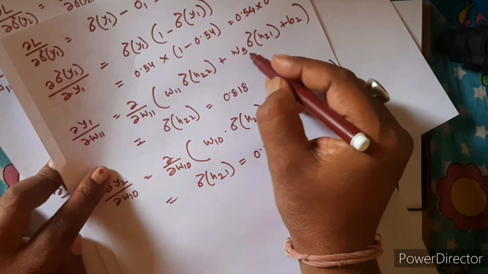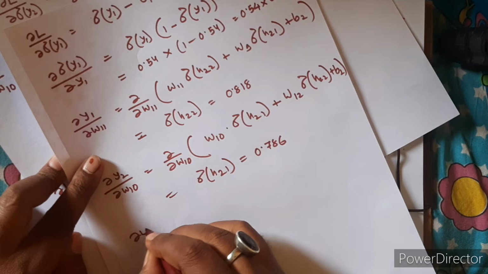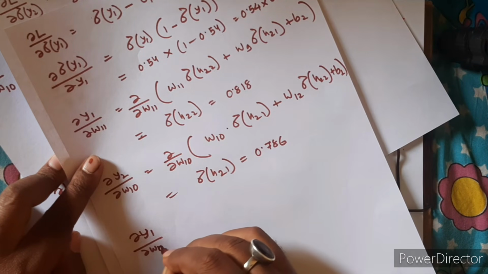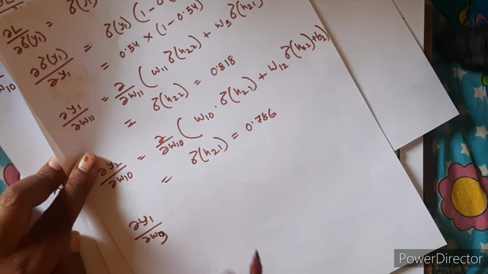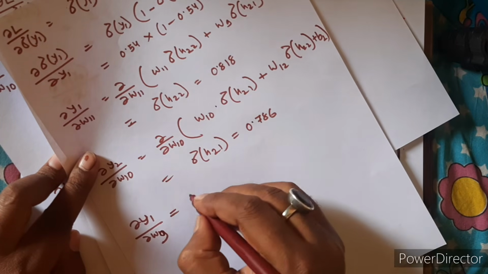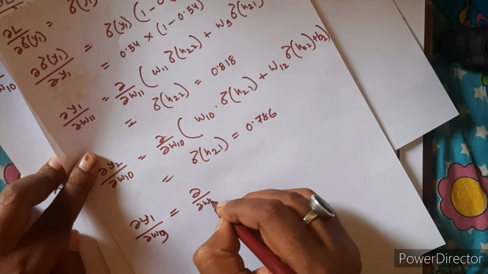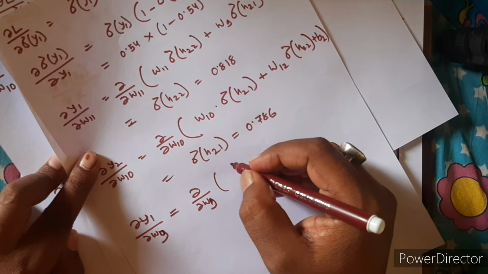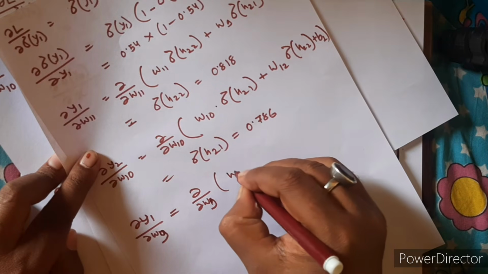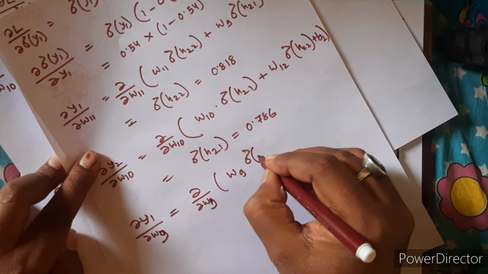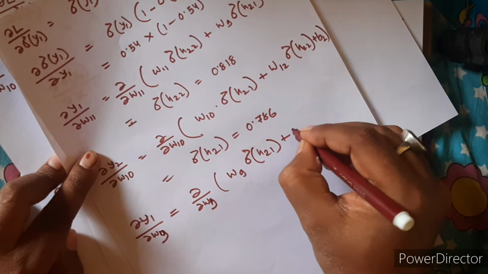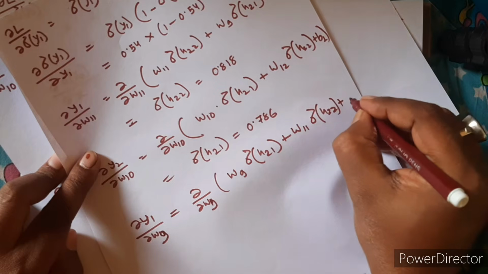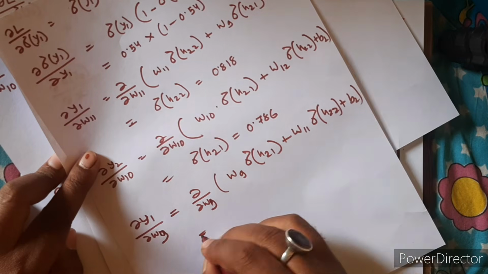So let's calculate. This part can be calculated easily. Delta Y1 by delta W9 is the derivative of W9 sigma of H21 plus W11 sigma of H22 plus B2, right? I am making a repeated mistake in writing W9, so please pardon me.